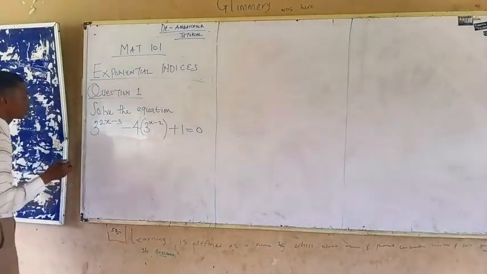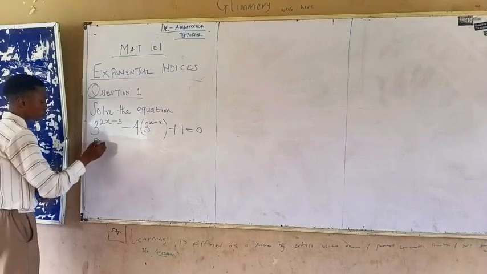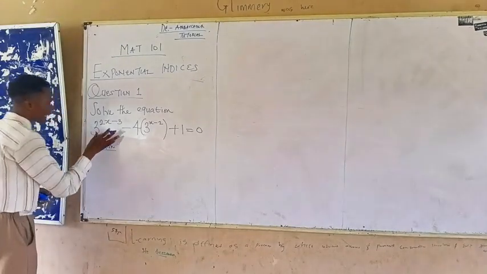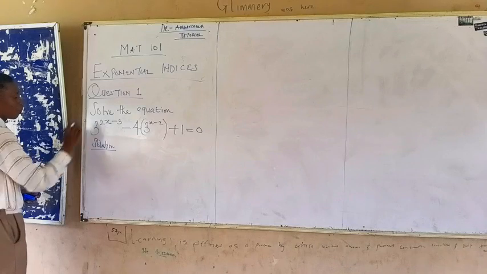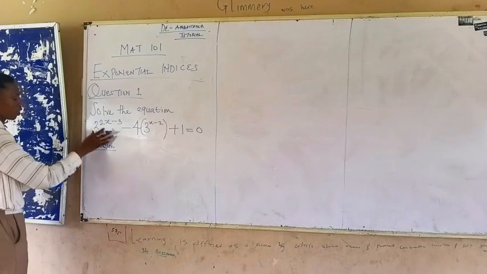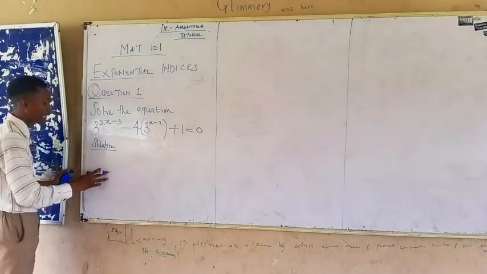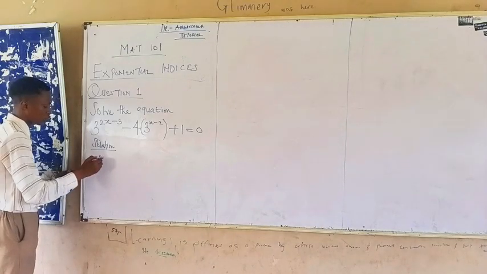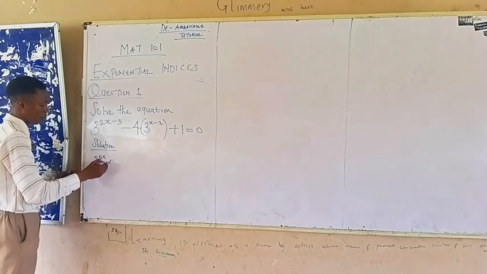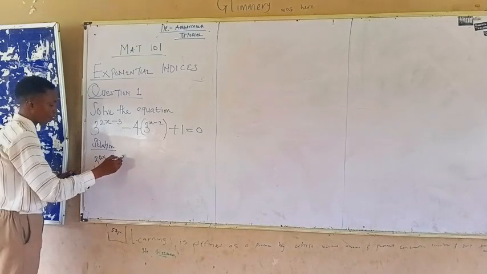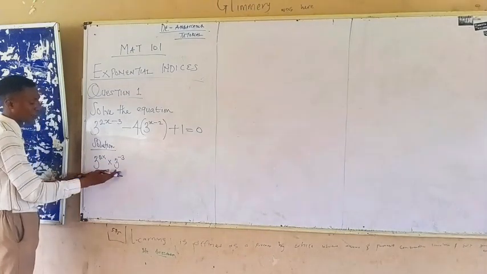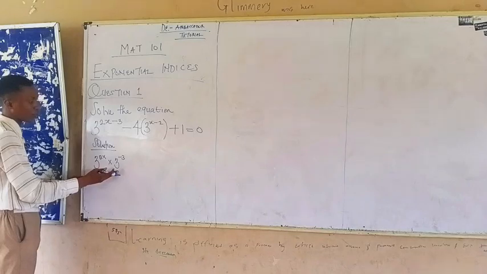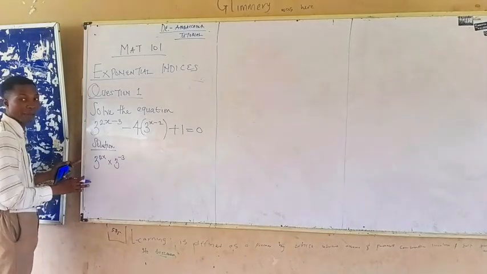So how can I solve this? Solution. At this side, I have 3 to the power of 2x minus 3. This can be written as 3 to the power of 2x multiplied by 3 to the power of minus 3. As you can see, I've separated them; if I add them up together, I arrive back to this.